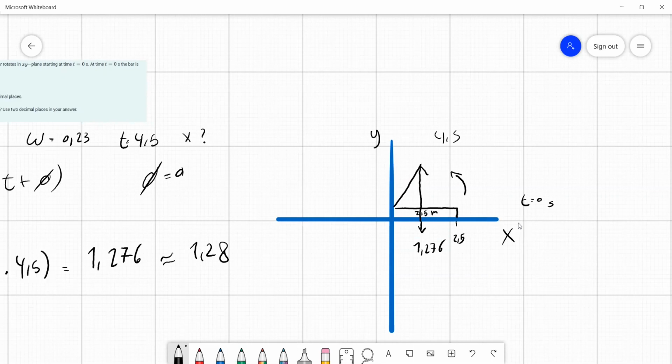And that makes a lot of sense, right? Because as it's rotating, the value of x is decreasing, and it had the angular velocity of 0.23, which is really small. So it was going quite slowly. So it makes total sense.